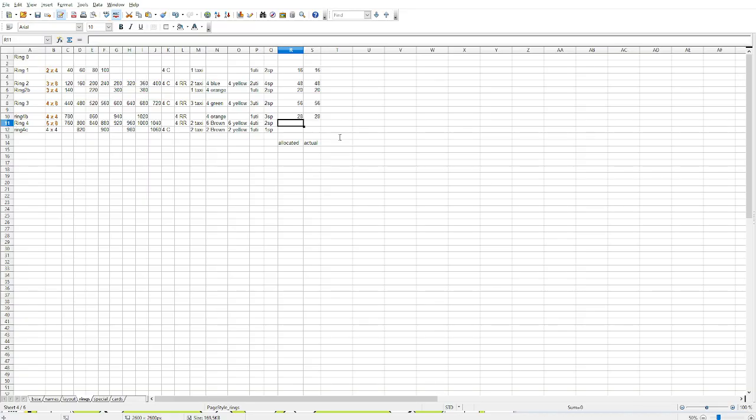Now I need to update the PowerPoint to have ring 4C in it, which is mildly annoying, actually. 1, 2, 3, 4, 5, 6, 7. Which is exactly the same number of spaces as ring 4B. 28.